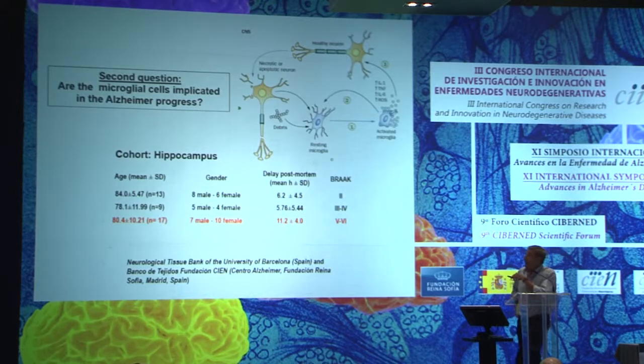Concerning the second question, which is the role of the microglial cell in the progression of Alzheimer's disease, we extend our observations not just to control and BRCA2, but to BRCA3, 4, and BRCA5, 6 individuals. All of them have more or less exactly the same age, except the normal controls.